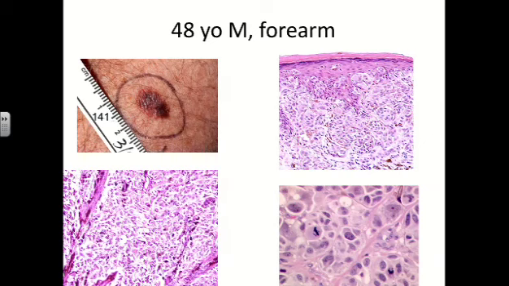Like a pigmented macule that maybe looks a little bit waxy. Okay, good. So you've got a pigmented spot, and you biopsy it, and it shows you this. What is this showing you? The top part's the epidermis, and then the dermis, and that's the dermal epidermal junction.